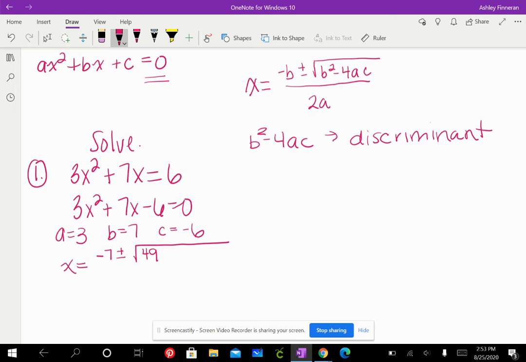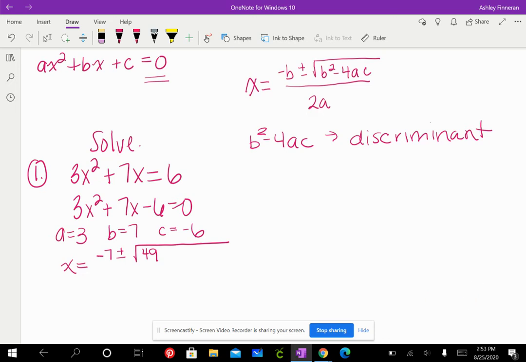Obviously 7 in this case is positive, but pretending it was negative 7 for just a minute, if you hit negative 7 squared in your calculator and don't put parentheses accurately, it will give you negative 49. So if you were going to square a negative number, you would have to put parentheses around it so that it gives you the correct answer.